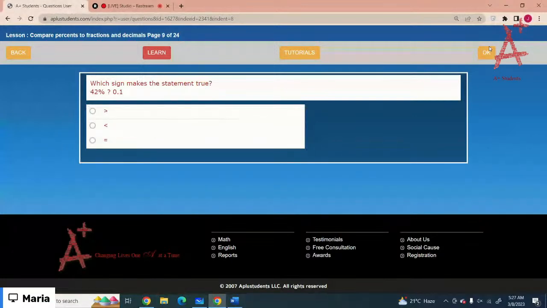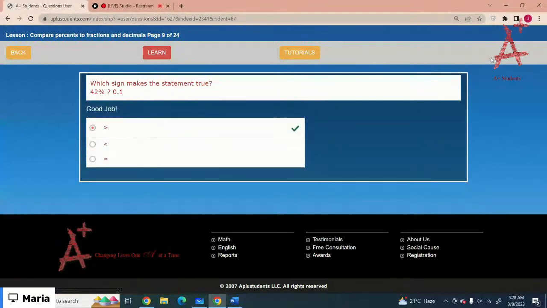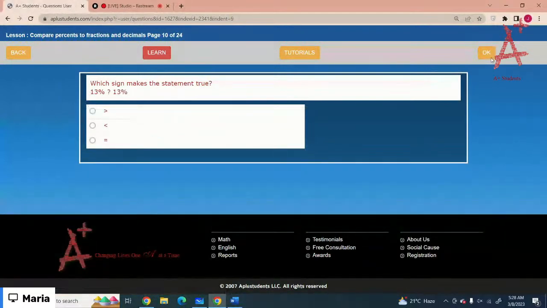42% and 0.1. So which is the correct option? 42% is greater than 0.1. Got it? Okay, 13% and 13%.